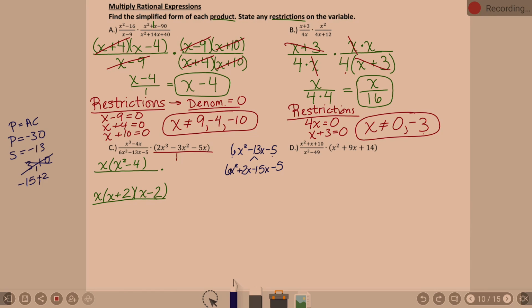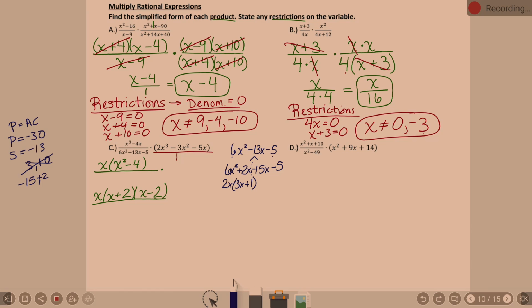Now I have 4 terms. We did a factoring by grouping yesterday up in the top row somewhere. So split this in half. GCF of the first 2. 6x squared and 2x both divide by 2x. 6x squared divided by 2x is 3x. 2x divided by 2x is 1.